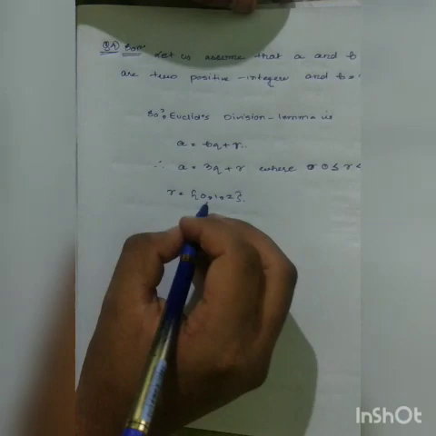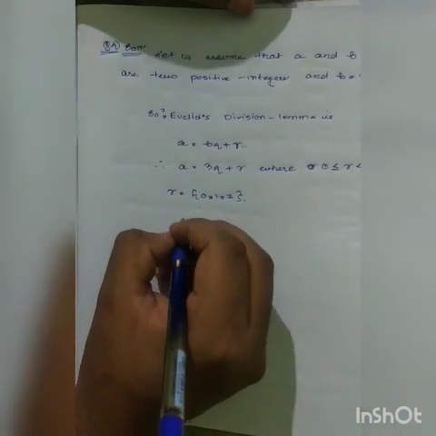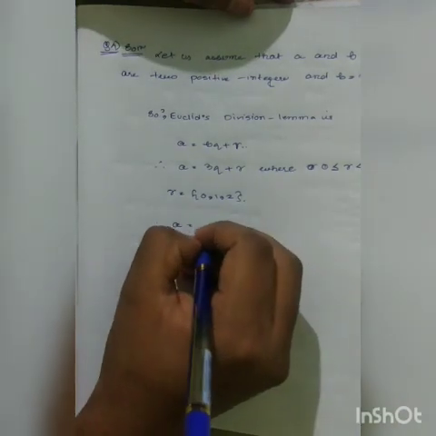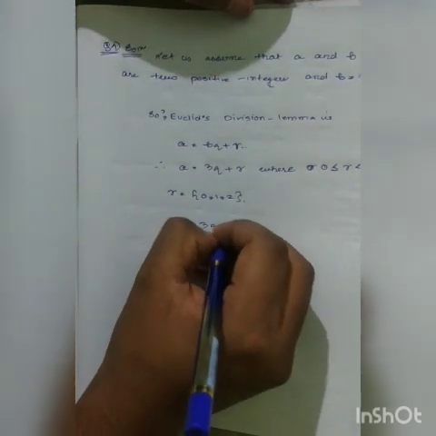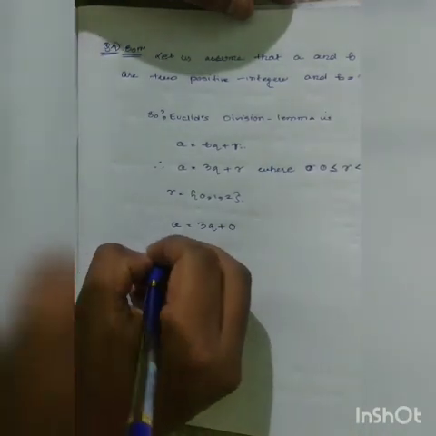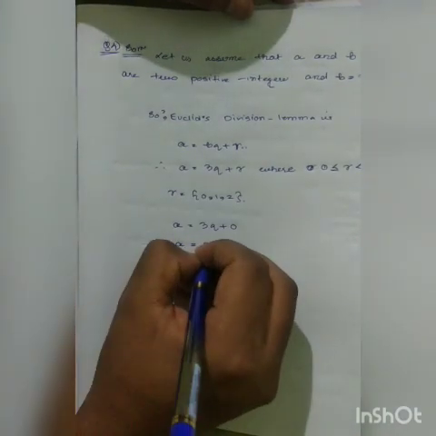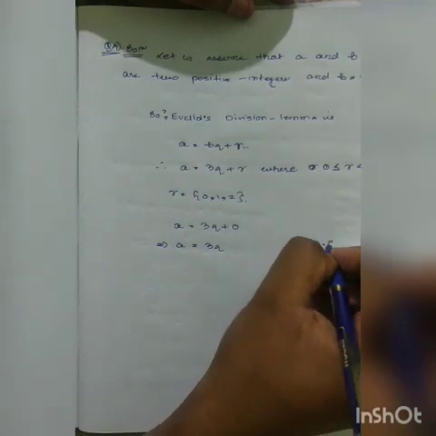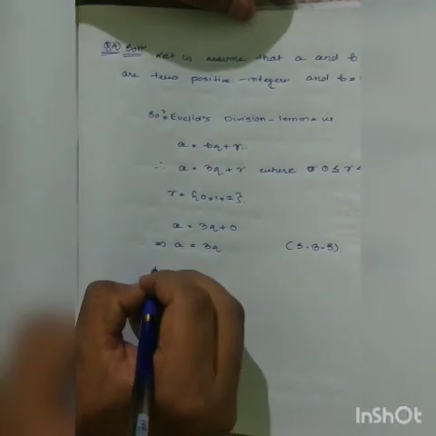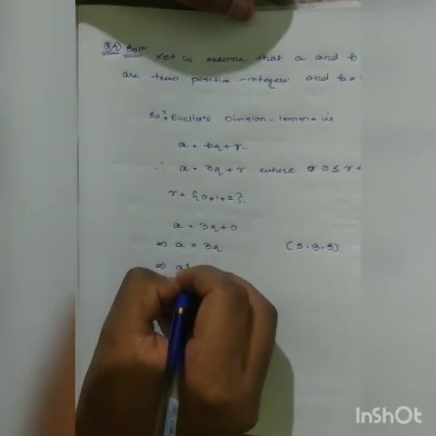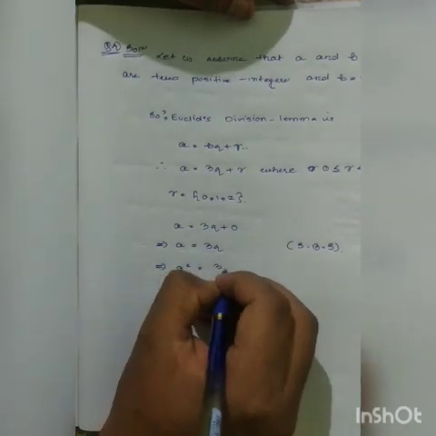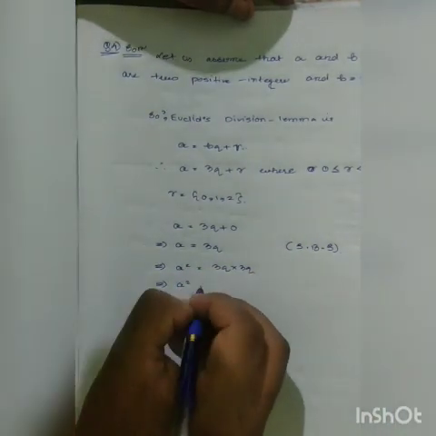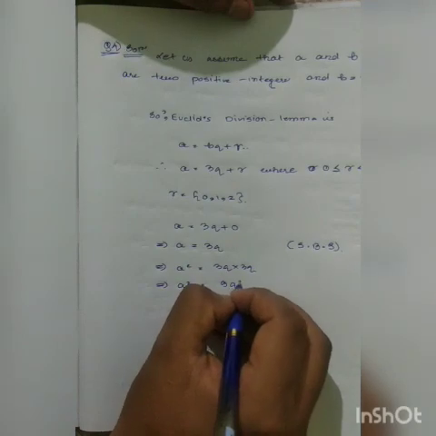So we just square a number here. Let us take r as 0, so it will be 3q plus 0, so a is equal to 3q. Squaring both sides, a square is equal to 3q into 3q. So a square is equal to 9q square.